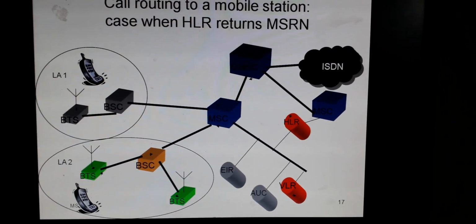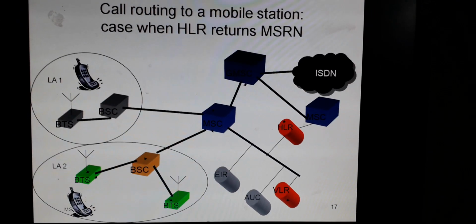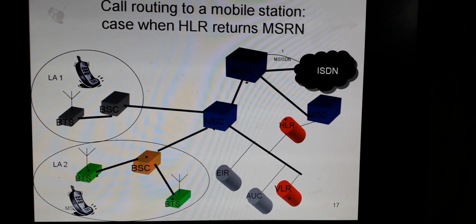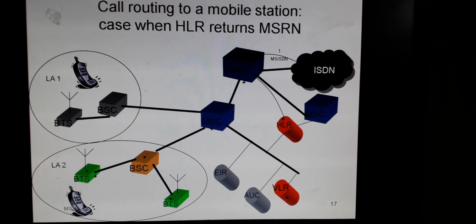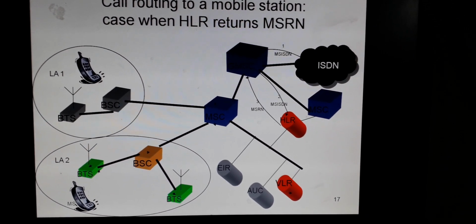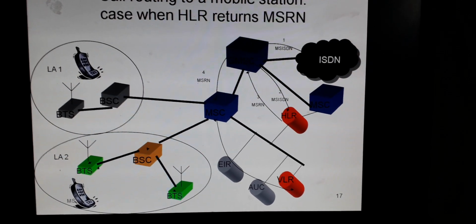Here is a graphic where you can see how the data transfer will take place. MSISDN is the number exchanged. MSRN is generated.